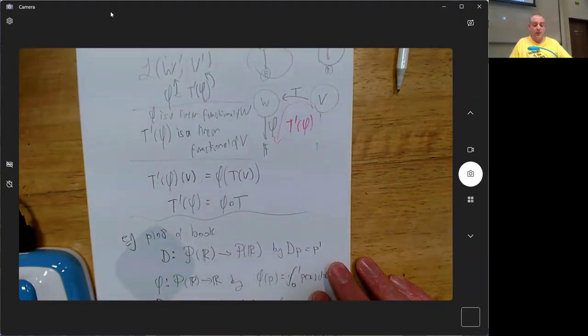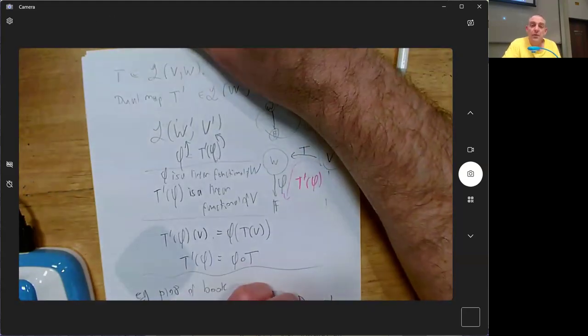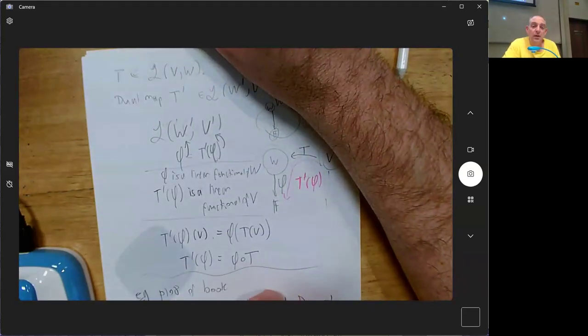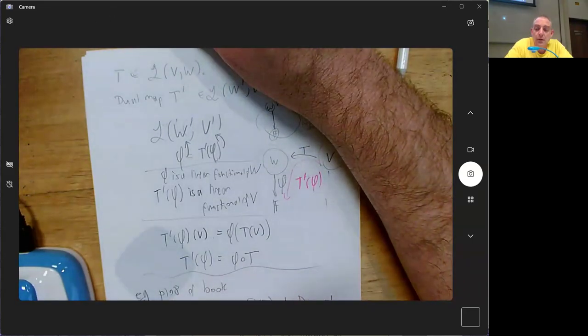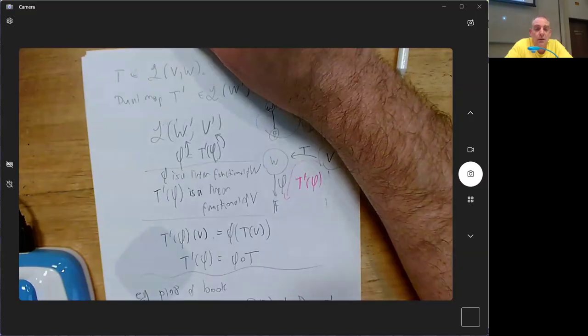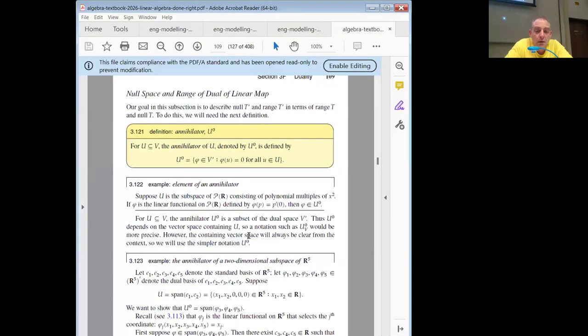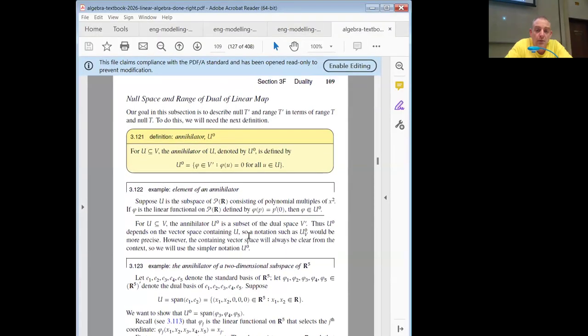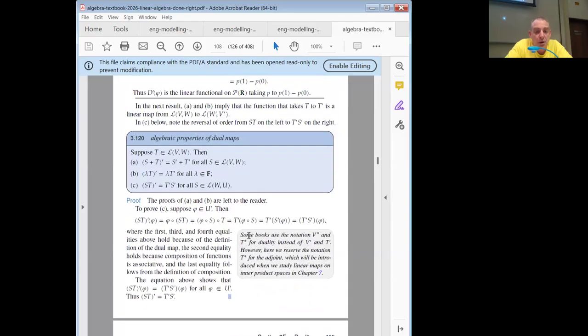We may have to look up a theorem, so I'm just going to have a quick scroll to see how much space we've got. Oh, an annihilator. Okay, cool. We have some theorems.